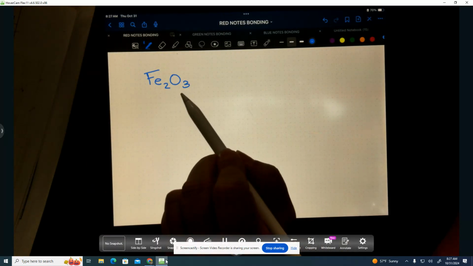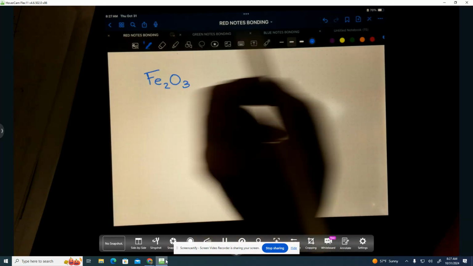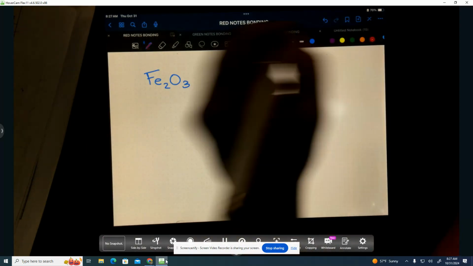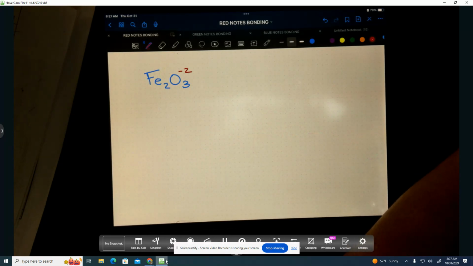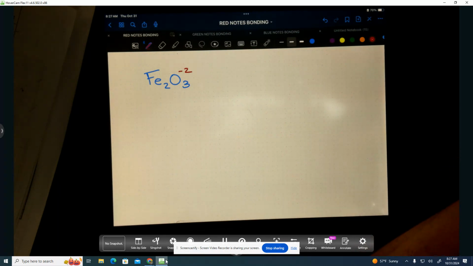Okay, so let's look at Fe2O3, just because we have it up here. When you have Fe2O3, what I would do is I would start with the oxygen. And I'd say, I know oxygen has to be -2. That's my only choice. When I look at the periodic table, oxygen is 99.9% a -2. That's why they gave it to you on your periodic table. It's not always a -2, but most of the time it's a -2, especially for Regents chemistry.